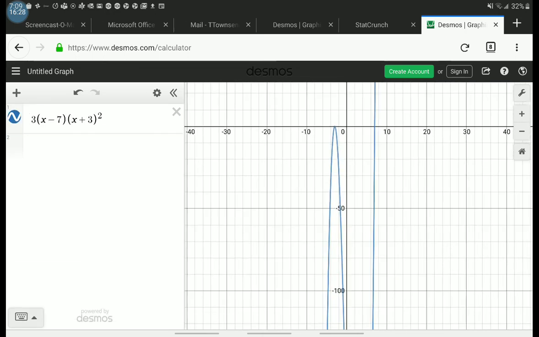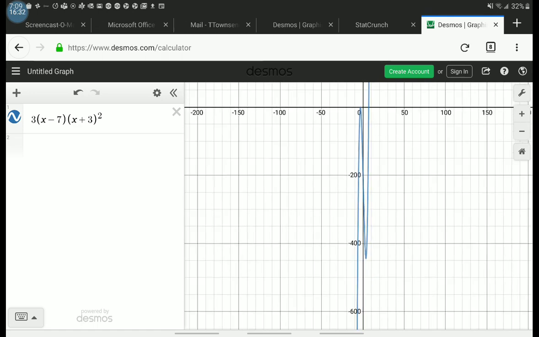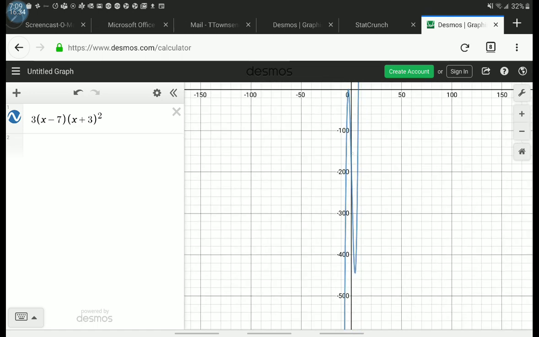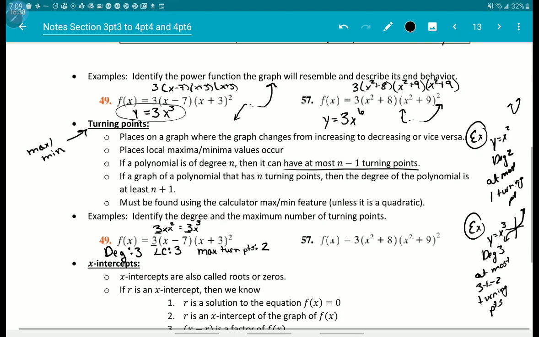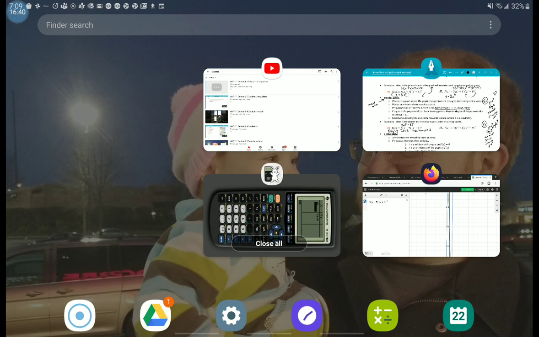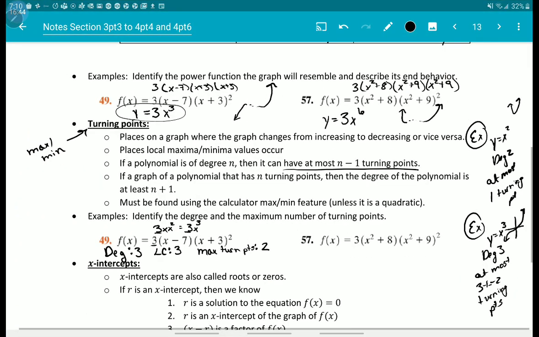So this one, you can see we do have 2 turning points. Here and then down here. I'm thinking about the degree. Looking at that next one.